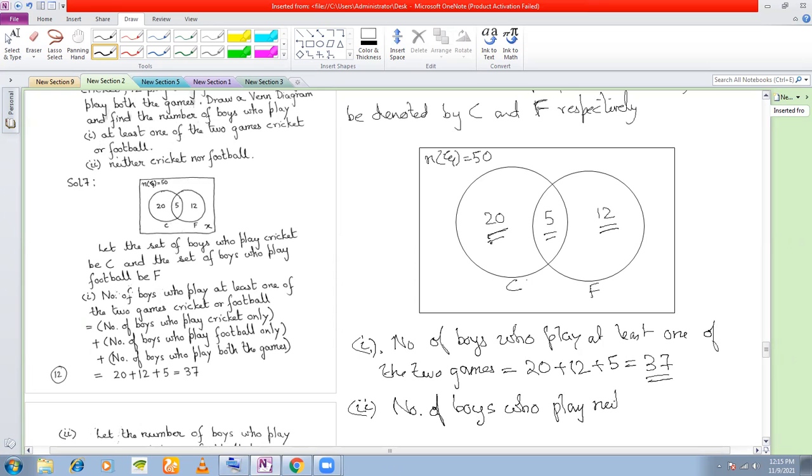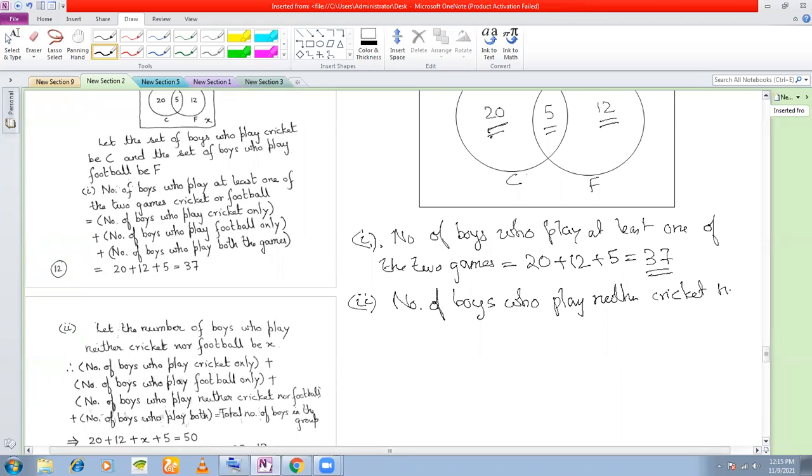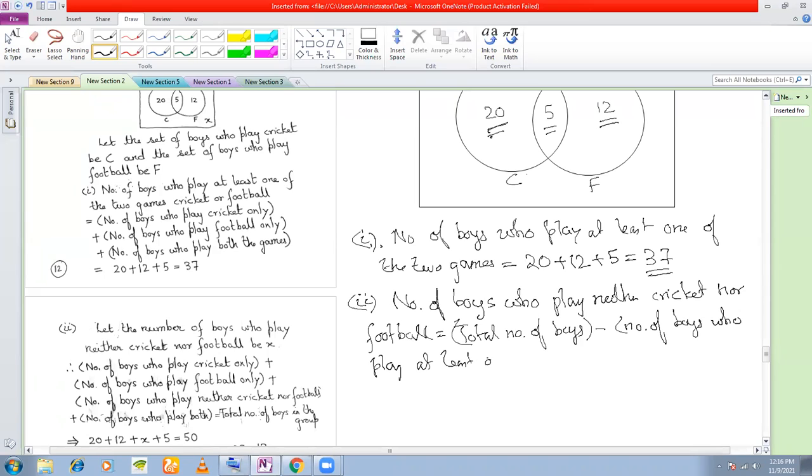Number of boys who play neither cricket nor football is equal to total number of boys minus number of boys who play at least one of the two games, which is equal to total number of boys is 50.